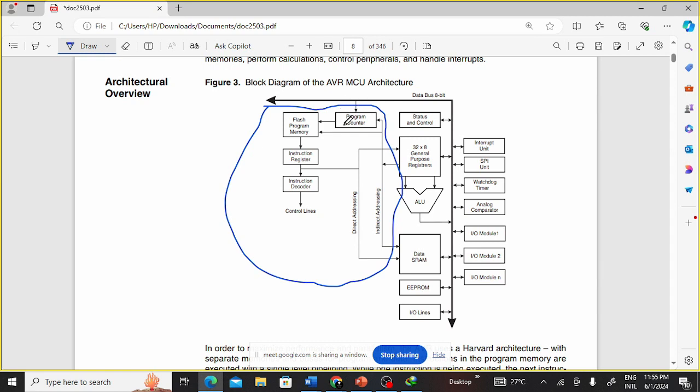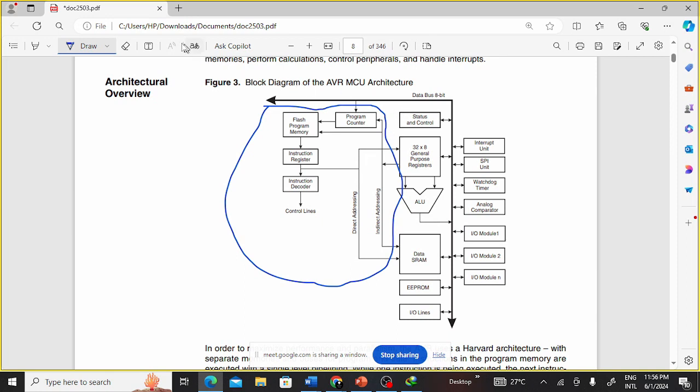So instructions are fed into the program counter. Instructions are stored in flash memory here. Then the program counter counts the instructions and knows the next instruction to be executed. Instructions are loaded into the instruction register, then the instruction decoder, then control lines, which say what should be done.